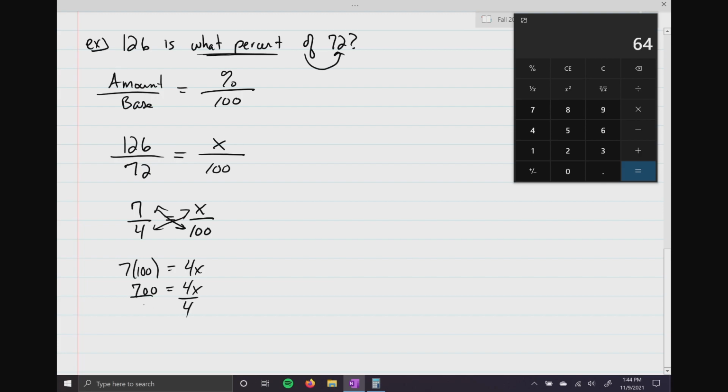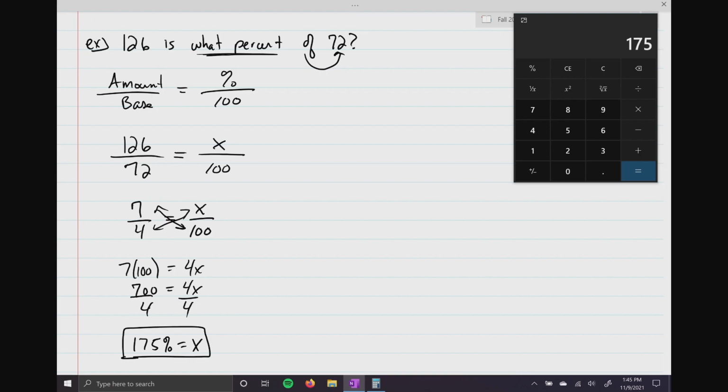Finally, I divide both sides by 4. So on my calculator, 700 divided by 4 is 175. That's a fantastic thing. Okay, so the percent, maybe I should just write the percent symbol next to that. 175%. Okay?